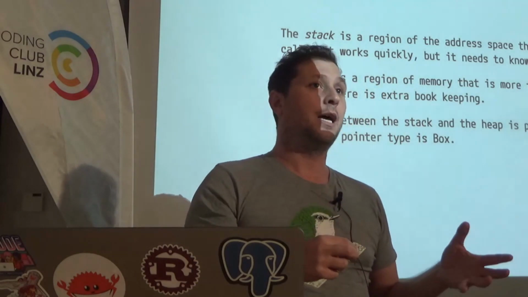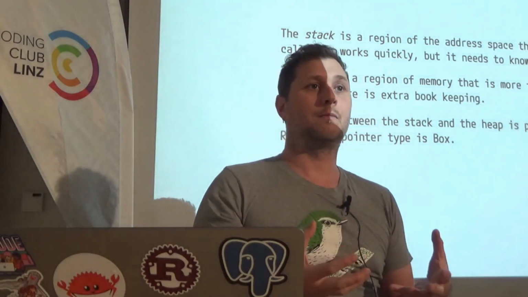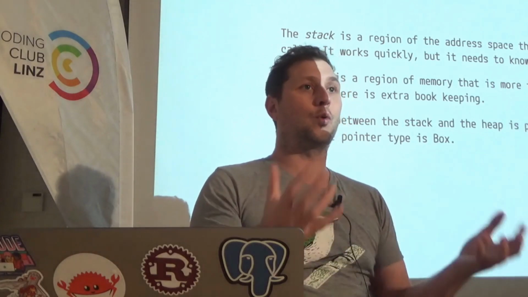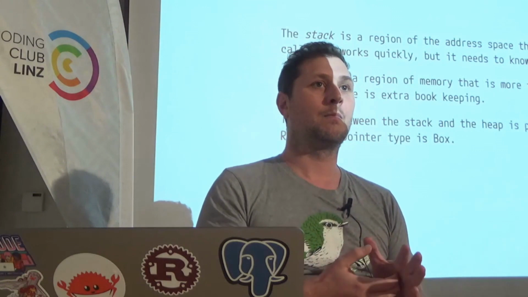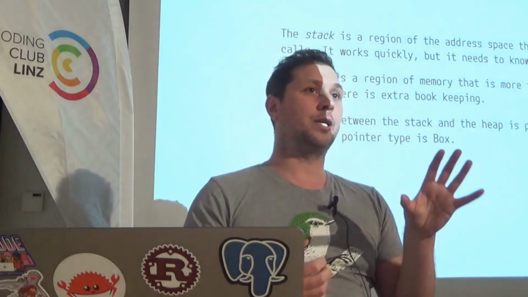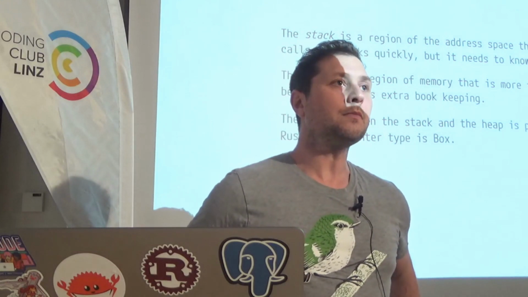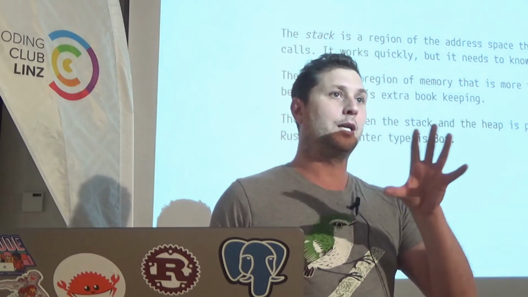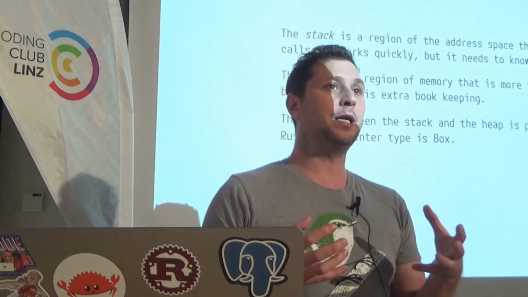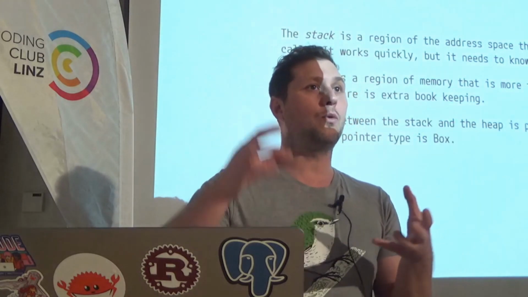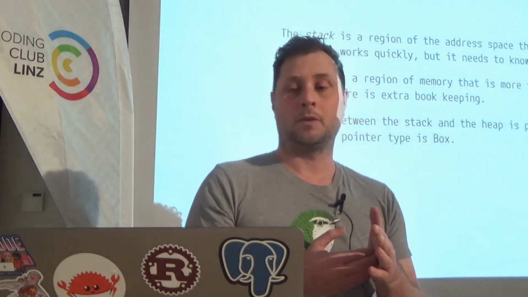This is a very slow process that involves a lot of accounting. There's a lot of extra work involved for accessing memory from the heap. There's actually so much extra work that it's configurable. If you want to really look into this, Rust provides the ability for you to control how the access works. This is called an allocator.